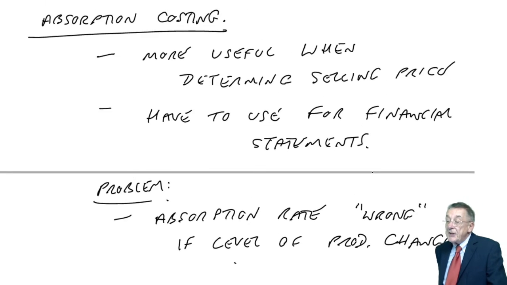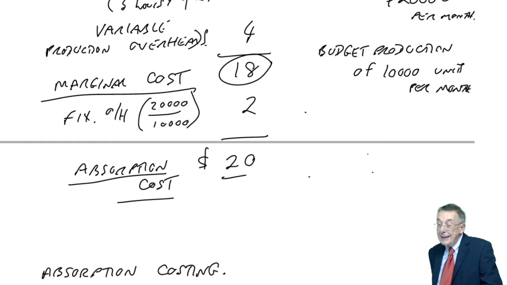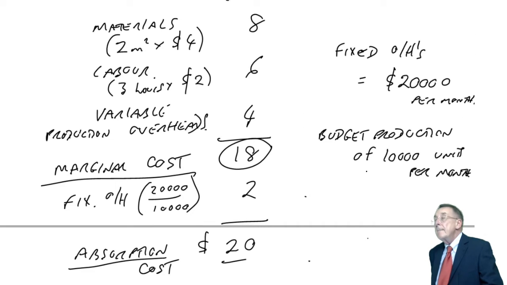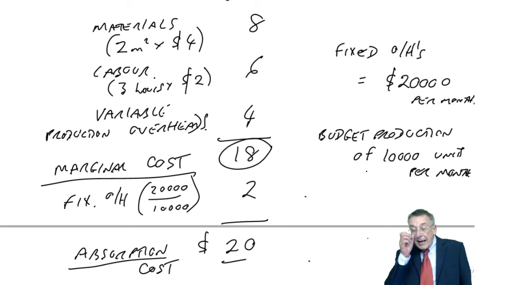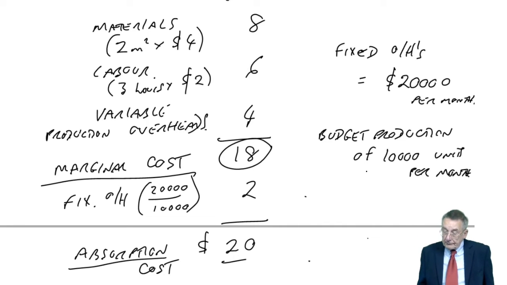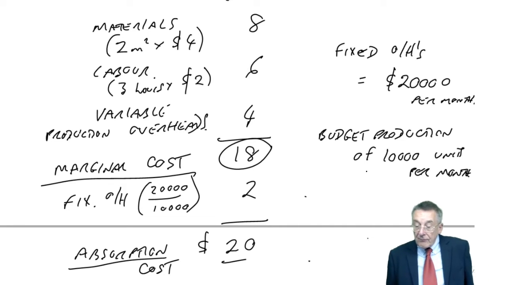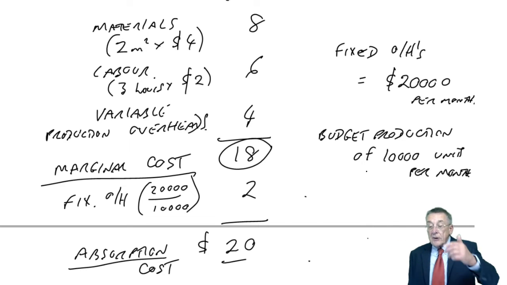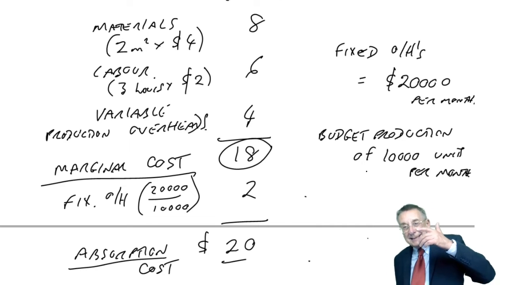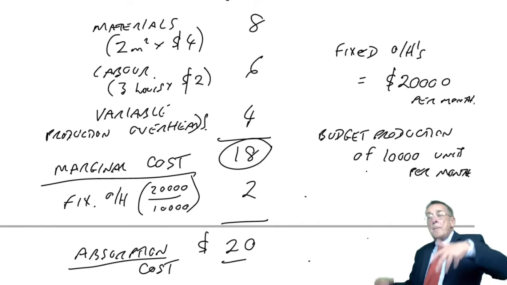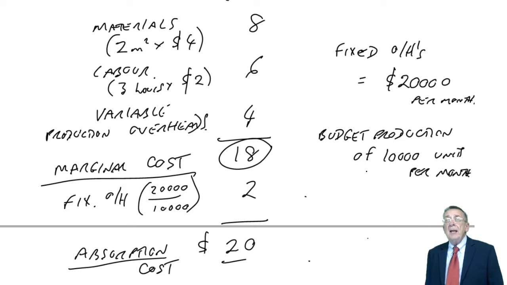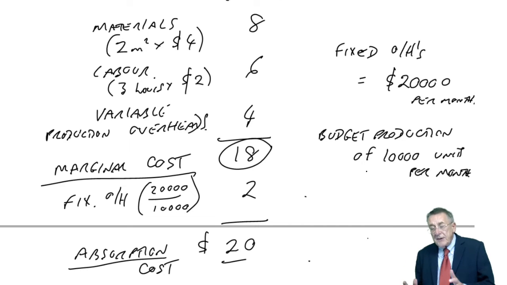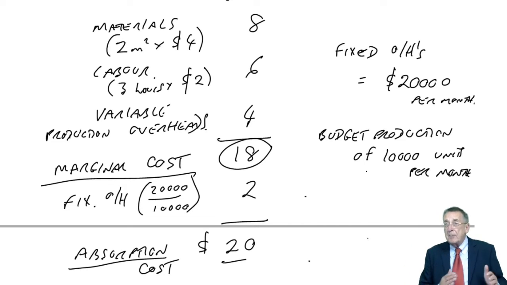We said the fixed overheads I think will be 20,000 a month. Well, however many we produce and however many we sell, with marginal costing, the cost of sales will be 18 per unit plus 20,000. Whatever happens, we'll be charging 20,000 as part of the cost each month.